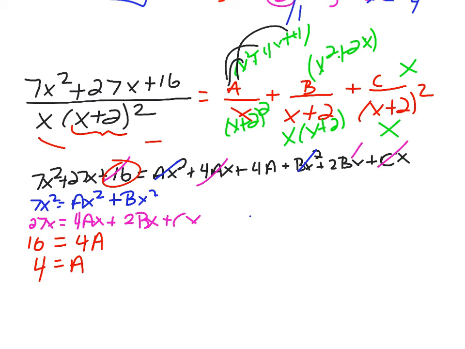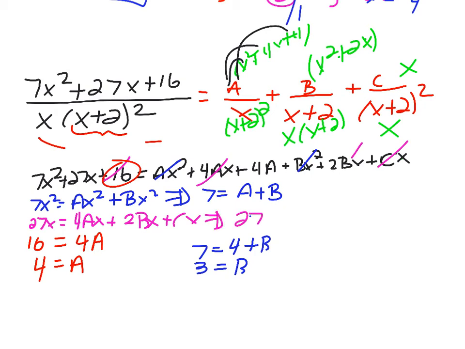All right, so up here in the blue, I have 7 is equal to a plus b. So I could get my b right now because 7 is equal to 4 plus b. So b is equal to 3. And then right here, I know that 27 has to equal 4a plus 2b plus c.